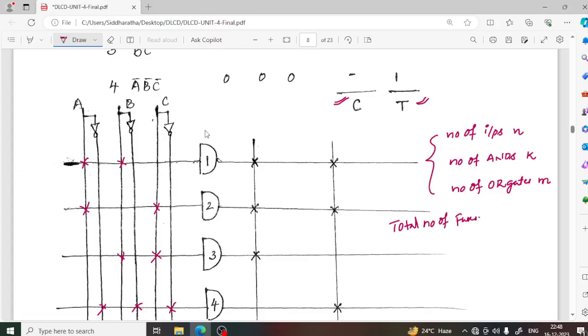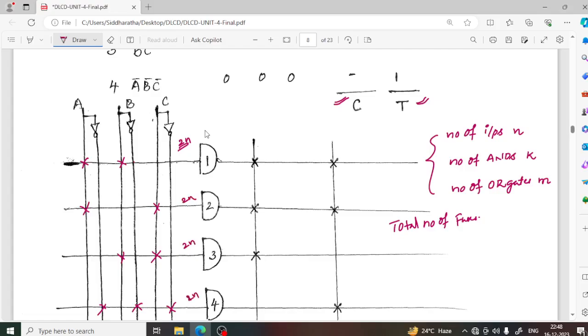Here each AND gate has how many fuses? 2n fuses. 3 inputs are there, so 3 fuses for normal and 3 fuses for complement. So every AND gate has how many fuses? 2n fuses.